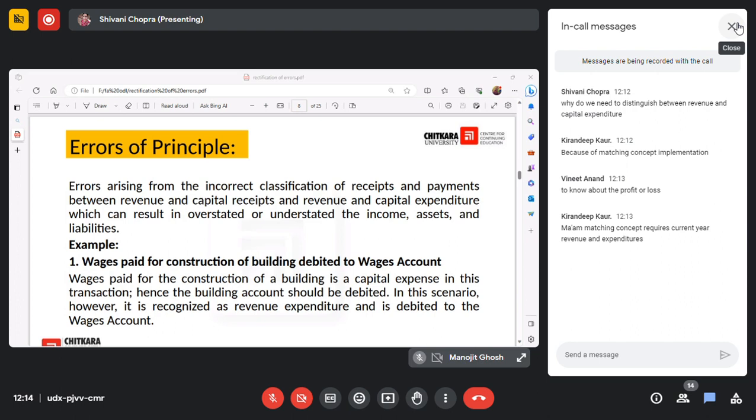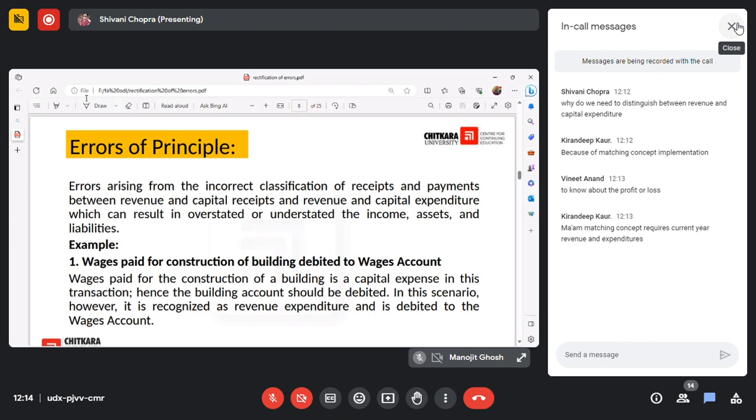Now let's go back to what we were discussing, that if this error of principle happens, the implication is it will lead to understatement or overstatement of income, assets, and liabilities, because it will disturb the matching concept. Okay.